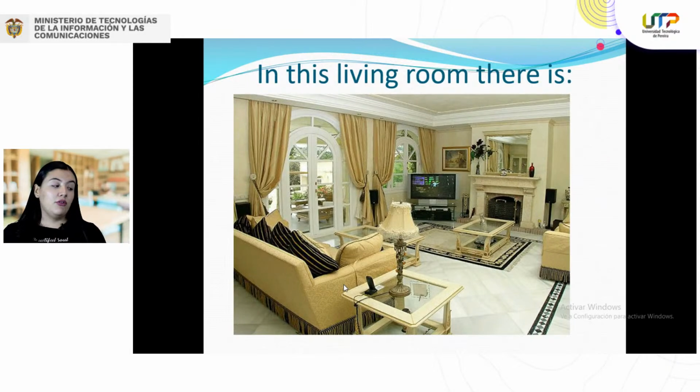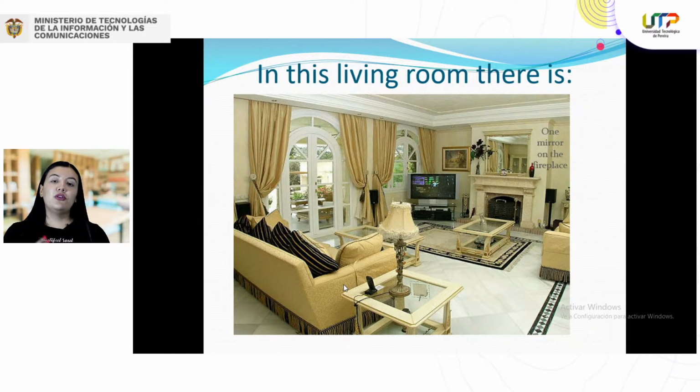In this living room, there is 1 mirror on the fireplace. Yes, there is 1 mirror. En este caso, como hablamos solo de uno, si vemos la imagen, solamente hay un espejo en esta imagen.